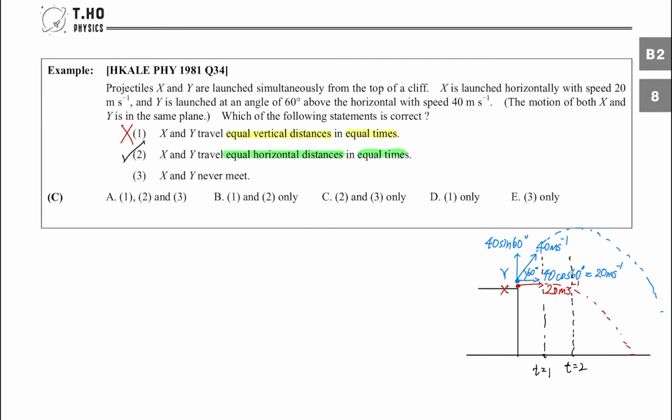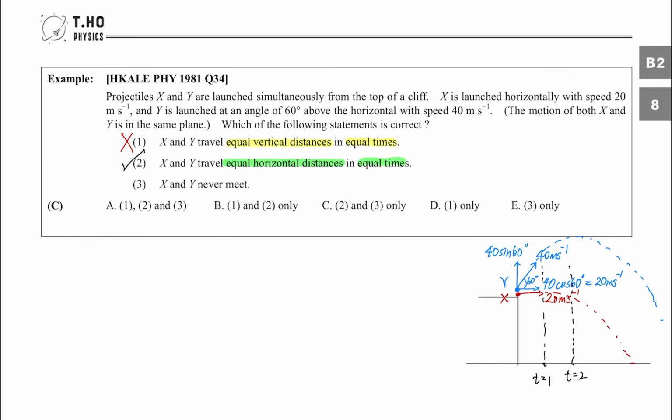So the vertical displacement of Y would always be higher than X at all times. So the horizontal displacement is the same, but the vertical displacement is not the same. Y is always higher than X. So it can be concluded for statement 3, X and Y never meet. This would be true. So the answer is C.